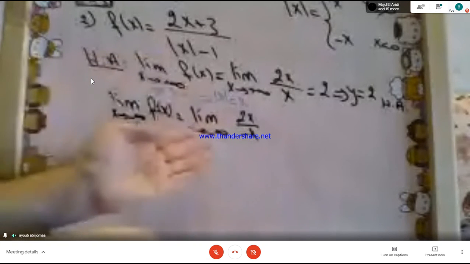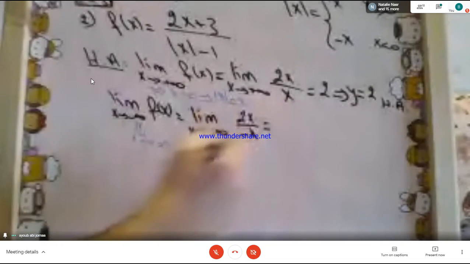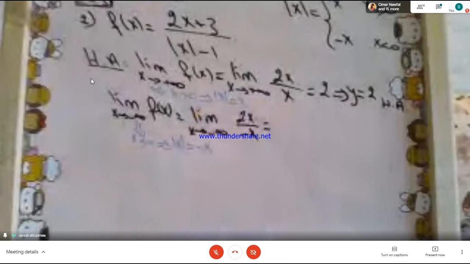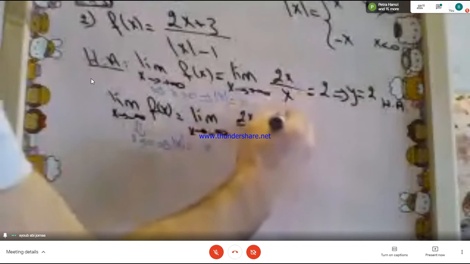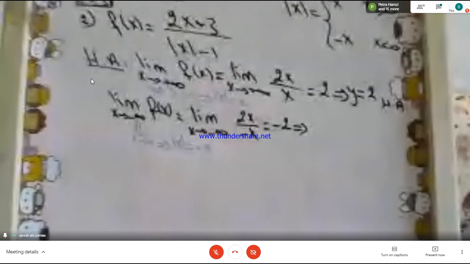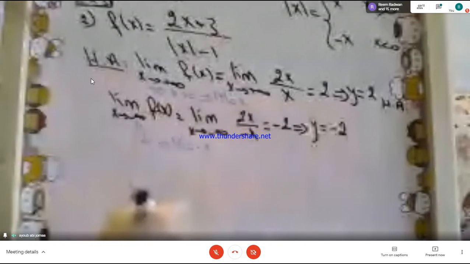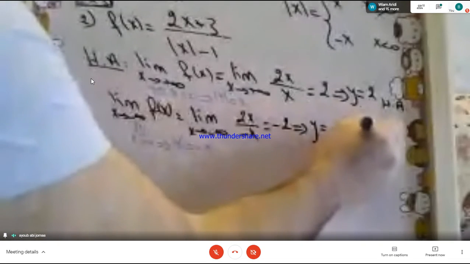The same idea: since here it is infinity, we take the highest exponents, 2x over negative x. And the answer is, what's the answer, Omar? Negative 2. So y equals negative 2 is a horizontal asymptote. Right.